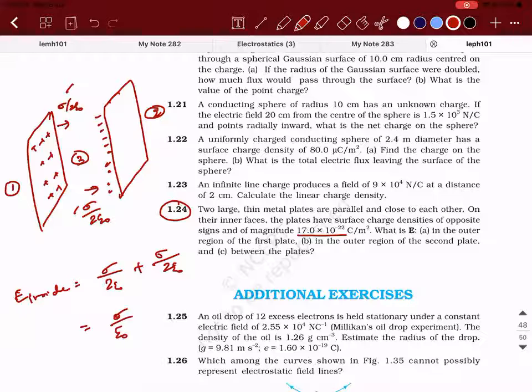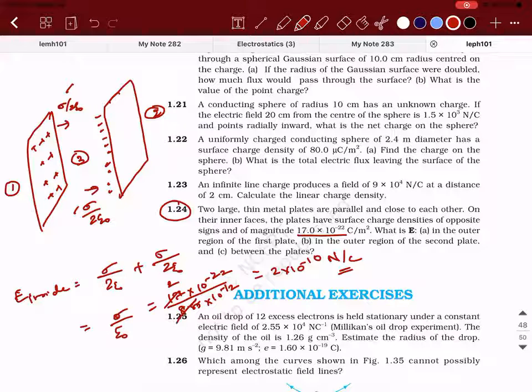Sigma is 17 into 10 power minus 22 and epsilon naught is 8.85 into 10 power minus 12. So 8.85, if I approximately take it as 2, 8.5 is 17. So approximately this will be 2 into 10 power minus 10 Newton per coulomb. That is the amount of electric field present inside this system.